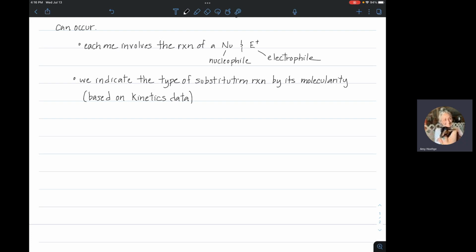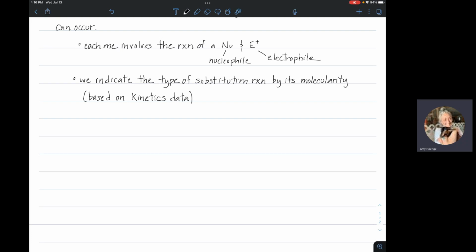In a unimolecular mechanism, if you have two reactants and you double the concentration of one of them, you'll double the rate of the reaction. If you double the concentration of the other, but holding the other one constant, then nothing happens to the rate. So kinetics data can tell us that one molecule or two molecules are involved in forming the transition state, or in the rate determining step, or in other words, the slowest step.